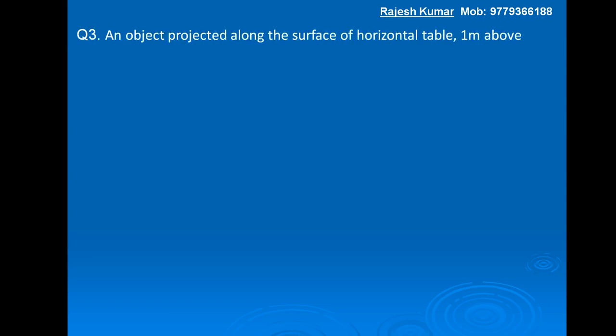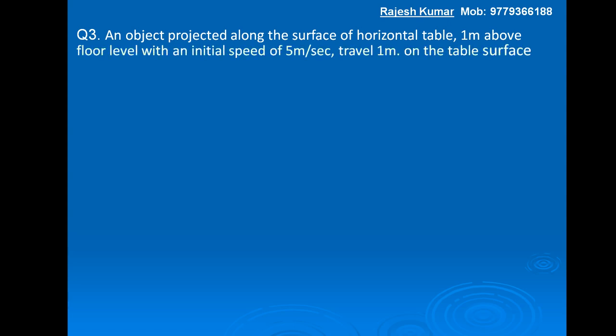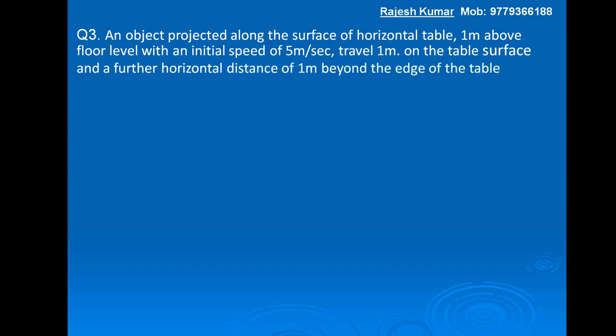An object projected along the surface of a horizontal table 1 meter above floor level with an initial speed of 5 meter per second travels 1 meter on the table surface and a further horizontal distance of 1 meter beyond the edge of the table before striking the floor.